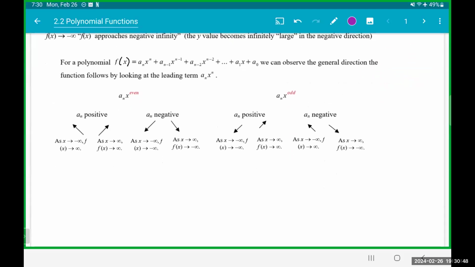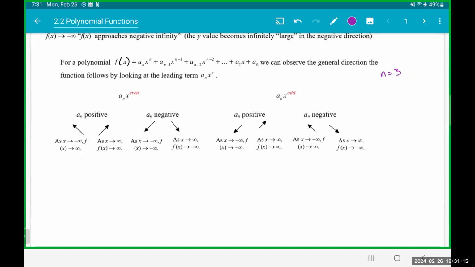So our standard polynomial is given by this formula here in the middle of the page, where we have a sub n times x to the n plus a sub n minus 1 times x to the n minus 1. So let's just say that we had n equals 3.